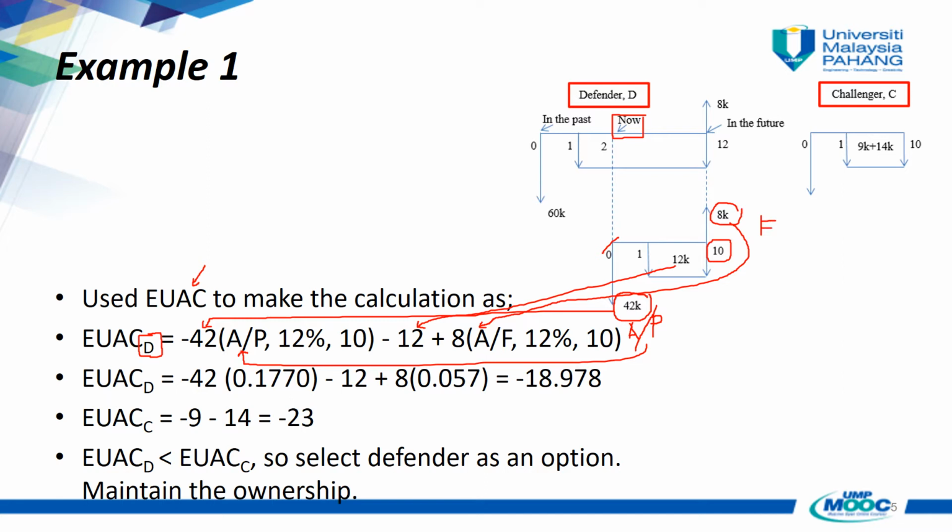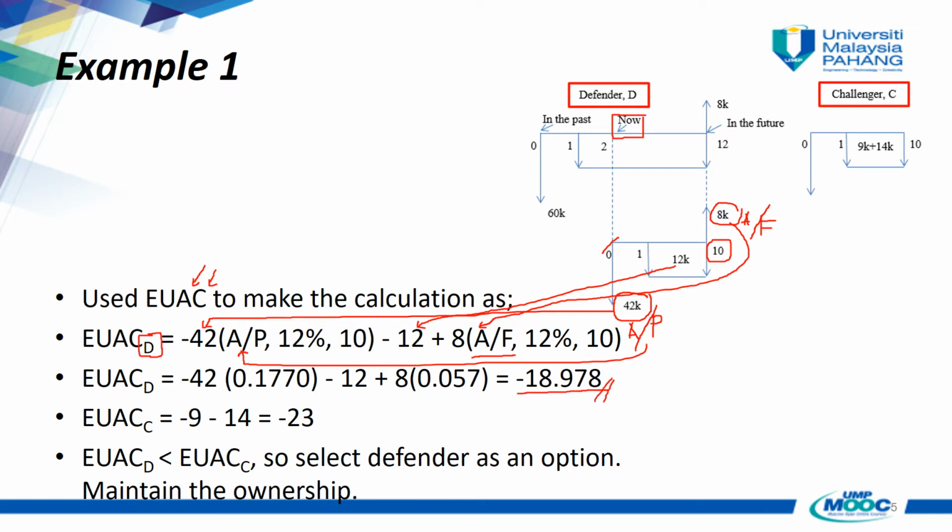So we need to transform it to finding A when we know the F, because we calculate all of this as equivalent EUAC. So 8,000 multiplied by finding A when we know the F at 12% at year 10. We will see that our EUAC for the defender is equivalent to negative 18.9.